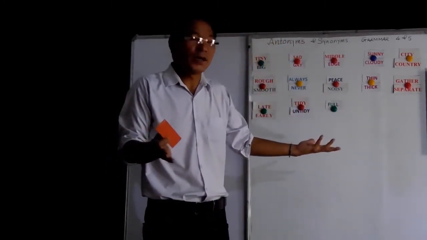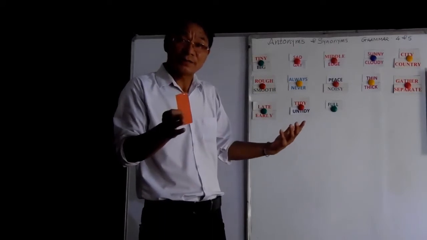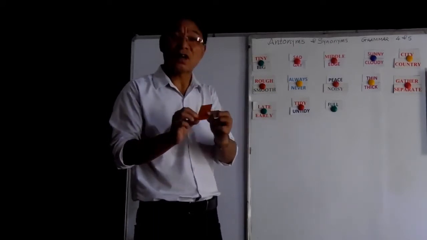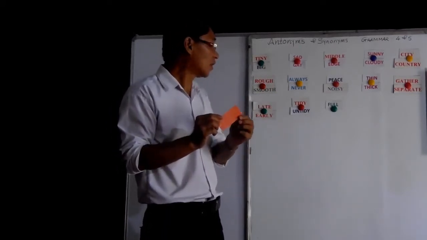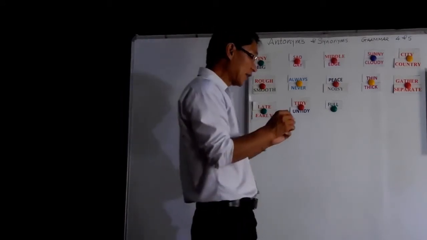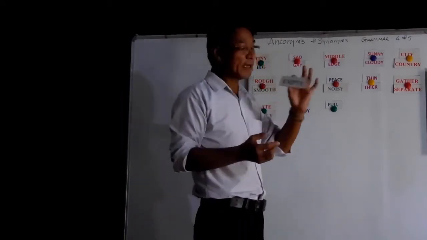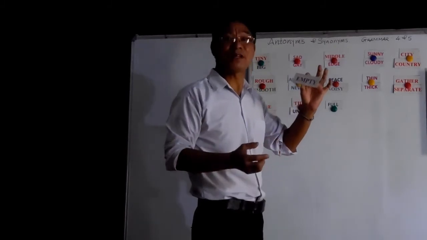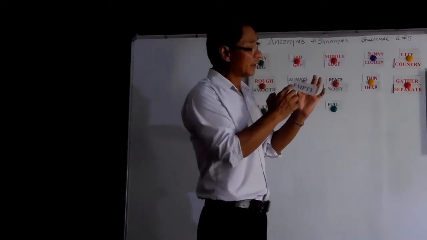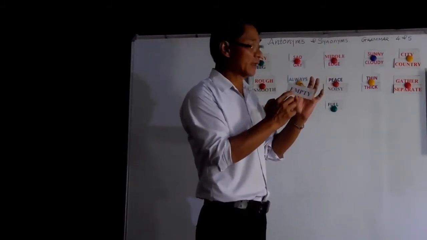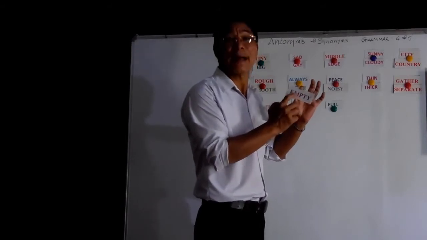It's simple. Okay? Can you guess it? Okay. I think a lot of students there might have guessed it. The antonym of full is, I think it is empty. So E-M-P-T-Y, empty. A lot of the students, they pronounce the word very wrong. This is empty. Okay? So full is empty.